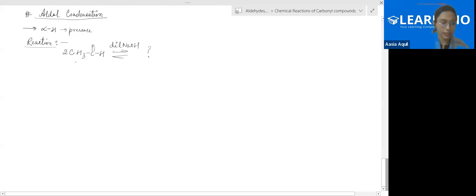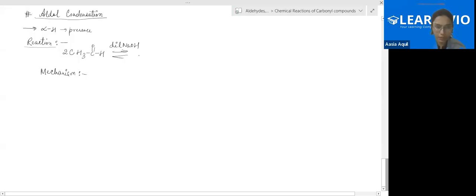Let's see the proper mechanism. You will get aldol. When you react with the dilute NaOH, first see here, is the alpha hydrogen present in this compound? Yes, there are 3 alpha hydrogens. So the reaction will proceed.